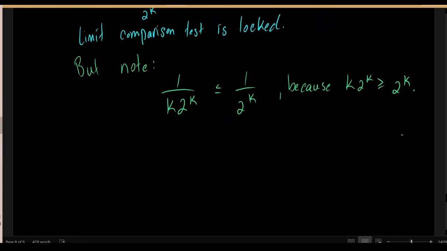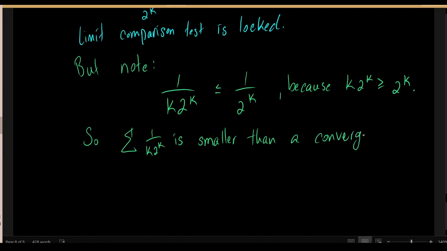So it's being pushed down toward convergence by the larger series. And as a result, we can say, not from the limit comparison test, but from the direct comparison test, that our series must be convergent as well.